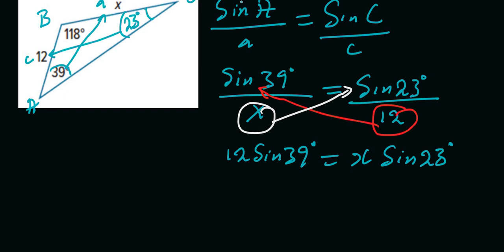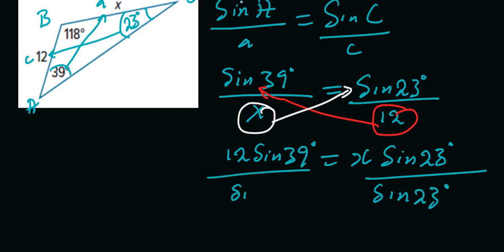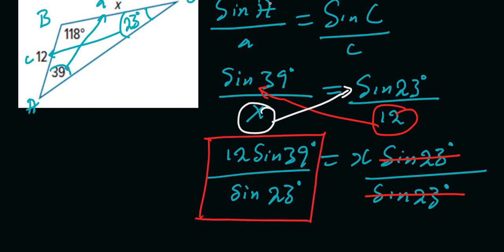Now we have to isolate x by dividing both sides by sine 23 degrees. When you do that, this cancels out, and now we can use a calculator to generate this.